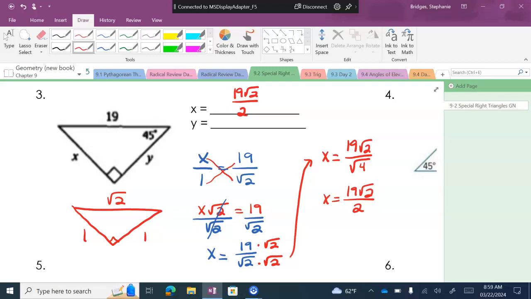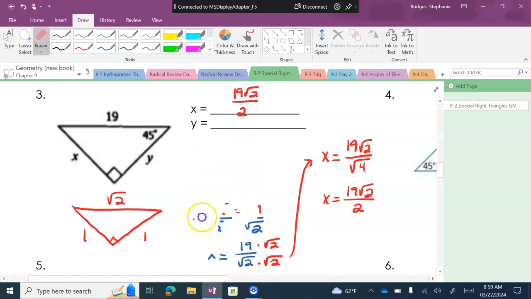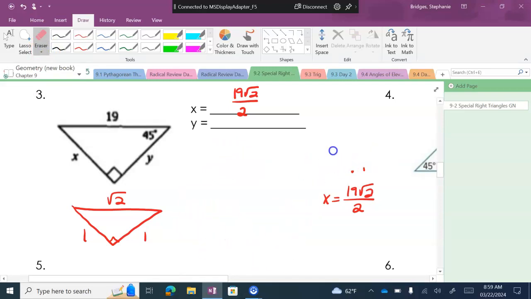Because 45 doesn't really matter because the things are the same. But with 30, 60, it matters what your angles are, so you have to be careful with those. Okay, we're setting up our proportion and we're solving for y. Some of you may start to see what happens with the 45, 45, 90.